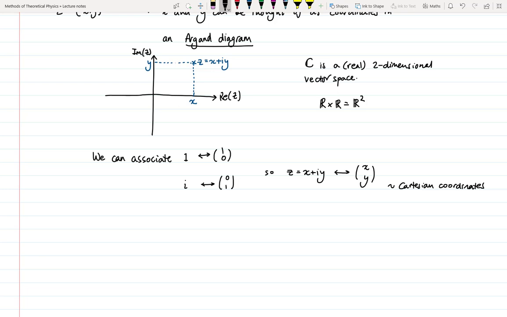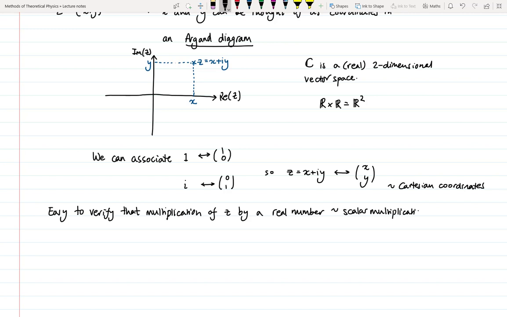There are a few other operations on complex numbers that look like vector operations. So for example, it's easy to verify that multiplication of z by a real number is equivalent to scalar multiplication of a vector.